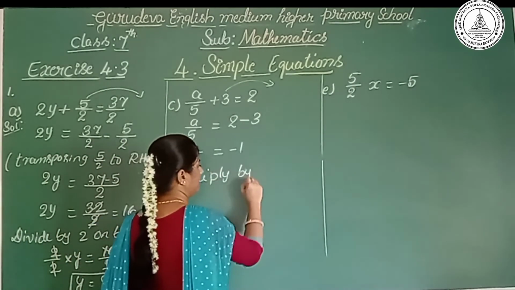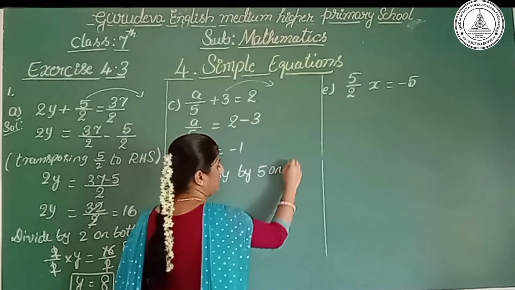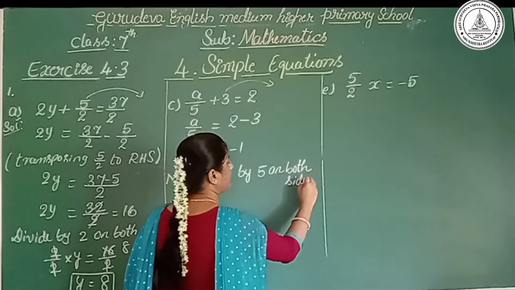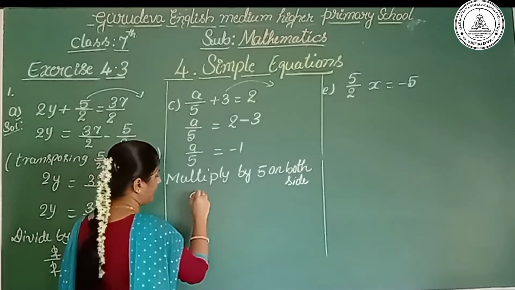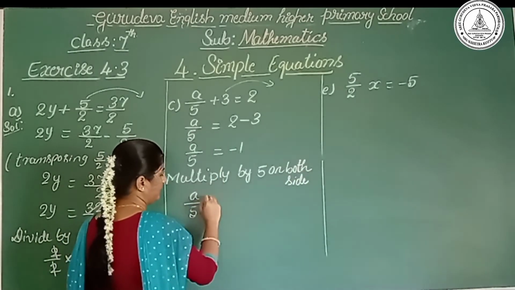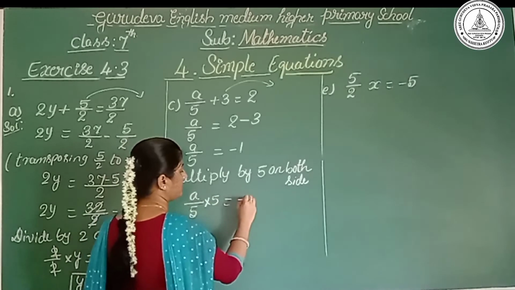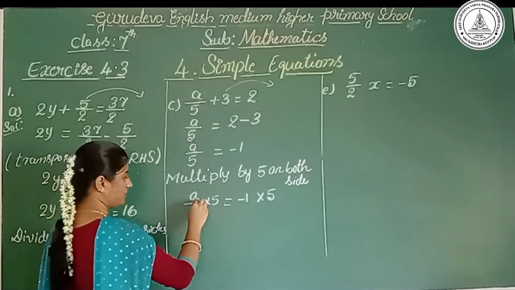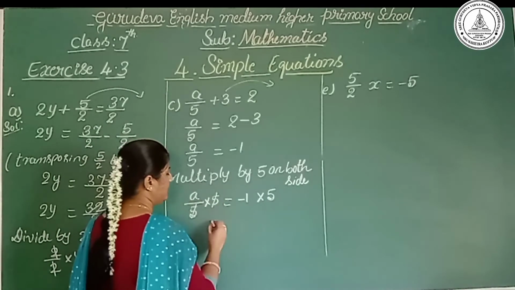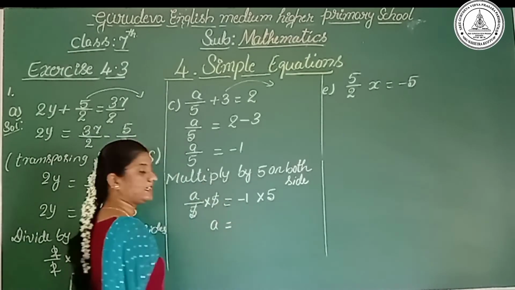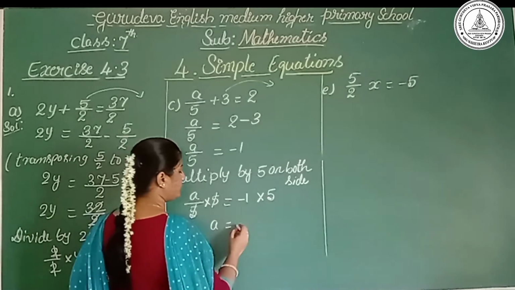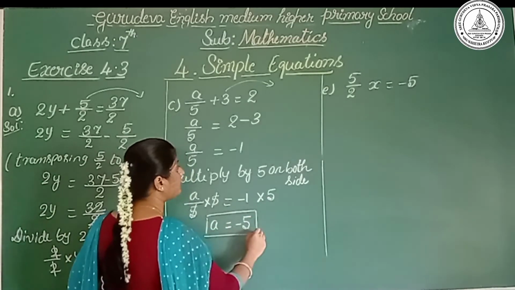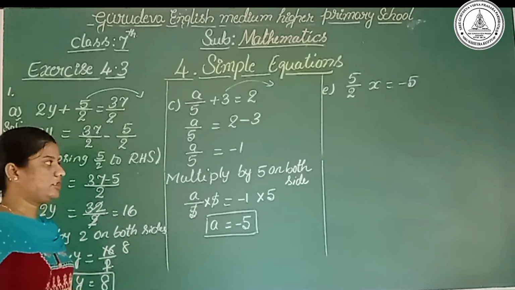Then in the LHS we get A by 5 into 5 equals minus 1 into 5. Do the cancellation here: 5 ones are 5 ones are. The remaining in the left hand side is A. Minus 1 into 5 is minus 5. So minus 5 is the solution for the given equation.